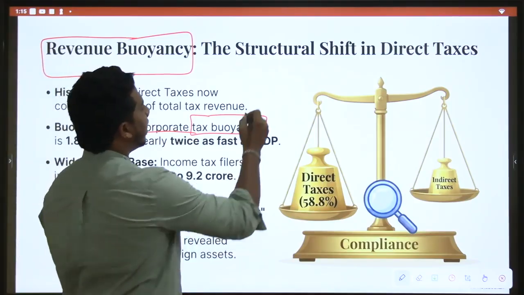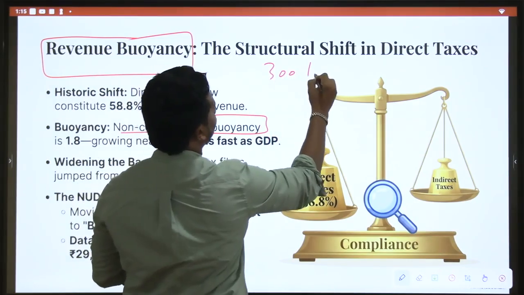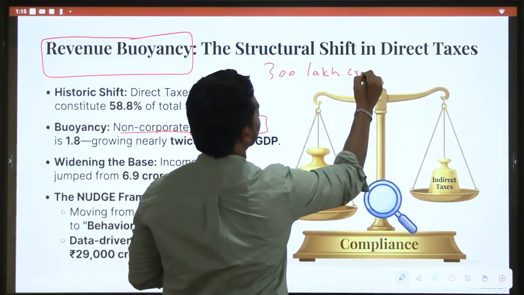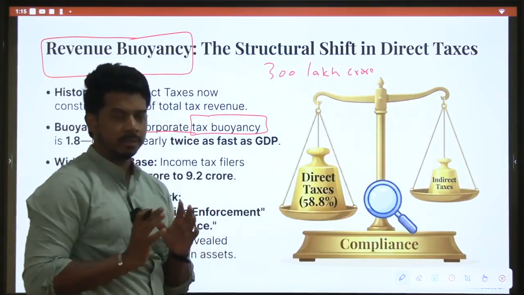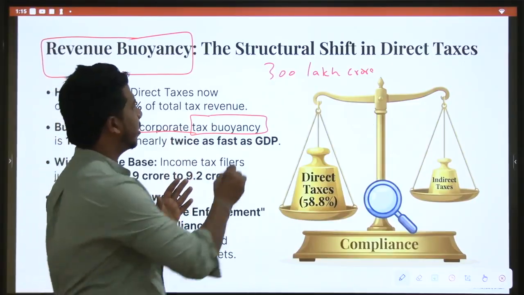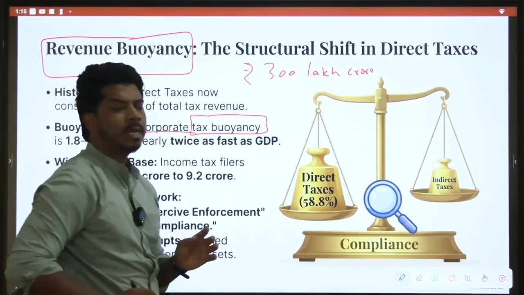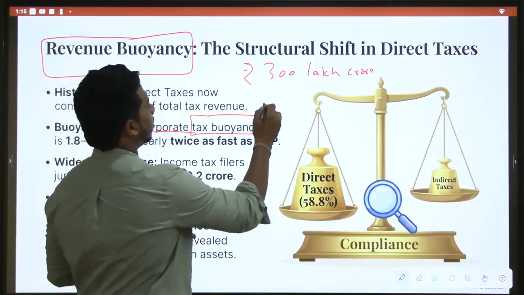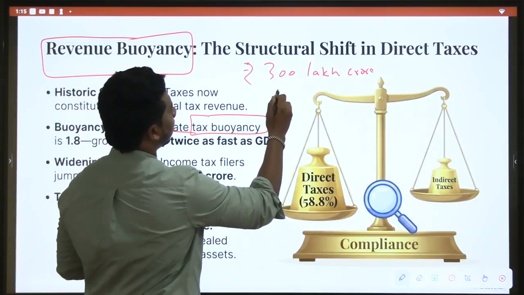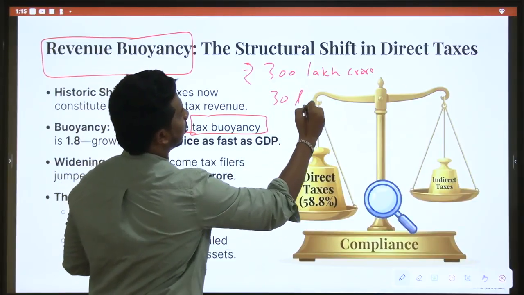Let's say today India's GDP is 300 lakh crore, just for example, and your tax collection is, let's say, 30 lakh crore.